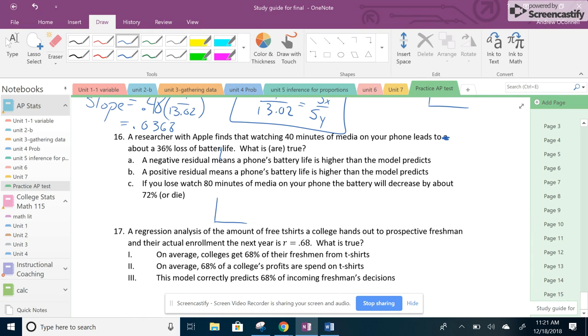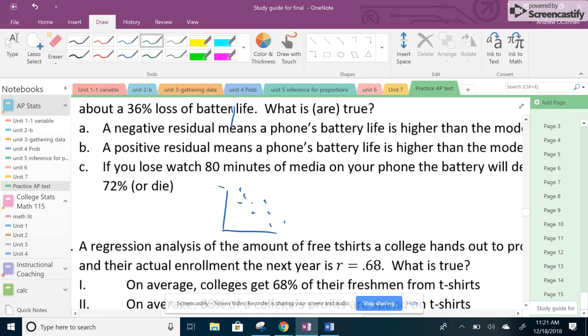Yay or nay? So think about it. It's a negative correlation. If we had something like this, a negative residual, is this saying the battery life is higher or lower? Lower, so we can eliminate A.